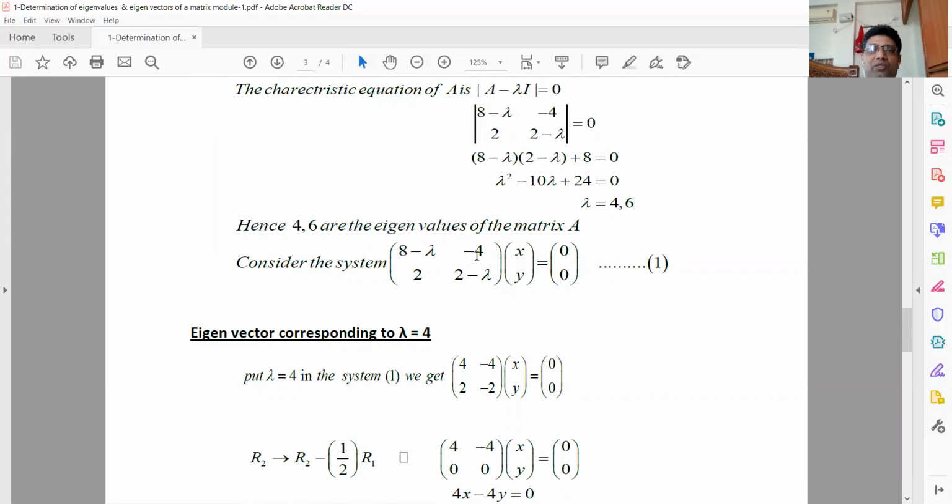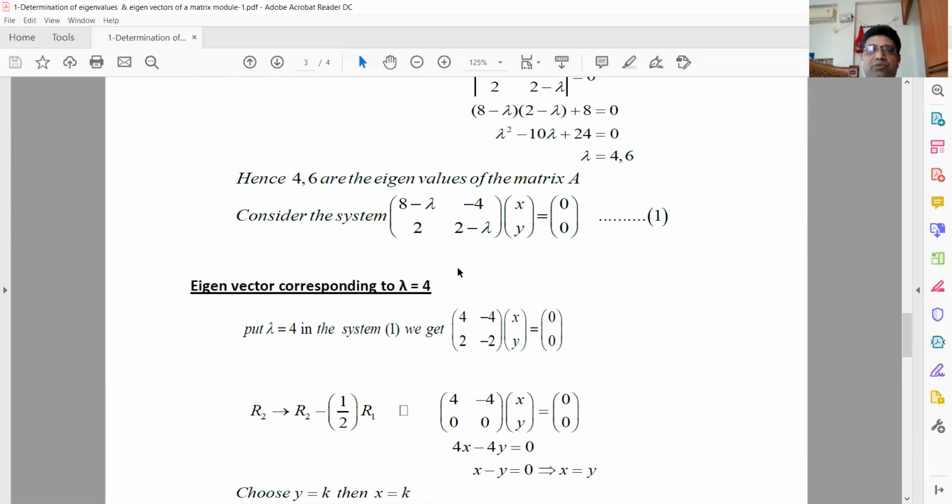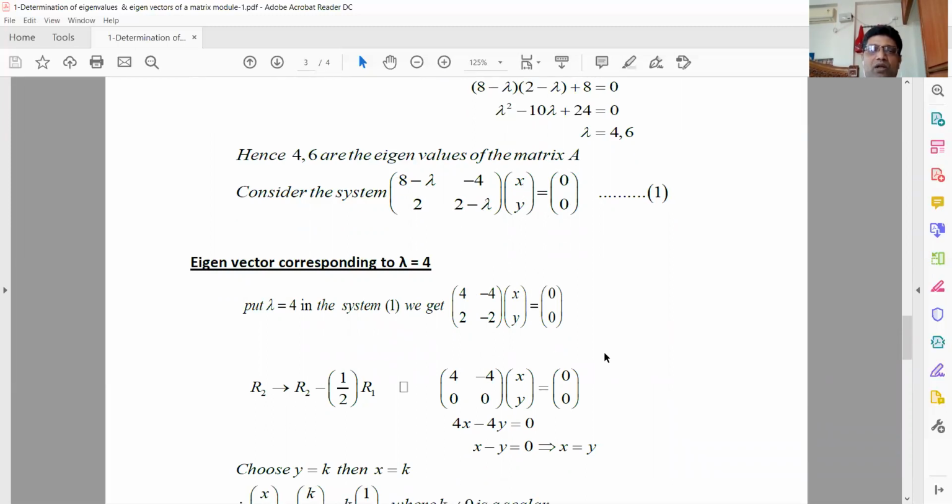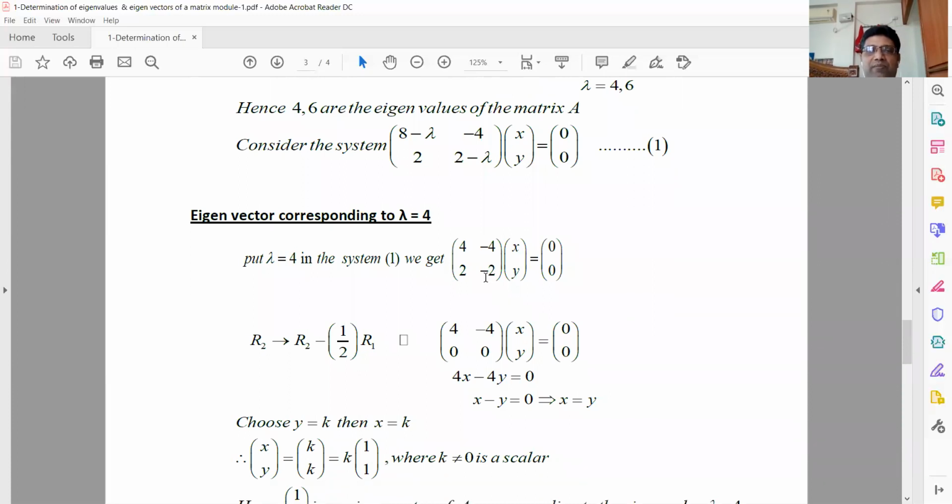This is the system: (8 minus lambda), minus 4, 2, (2 minus lambda) times x y equals 0. This is the system I have to consider. In this, first I will substitute lambda equals 4. If I substitute lambda equals 4, 8 minus 4 is 4, minus 4, 2 as it is, 2 minus 4 is minus 2, and the remaining is the same. Now I will make this an upper triangular matrix.